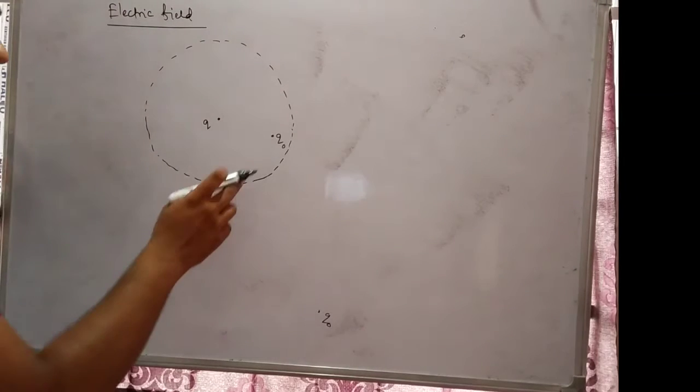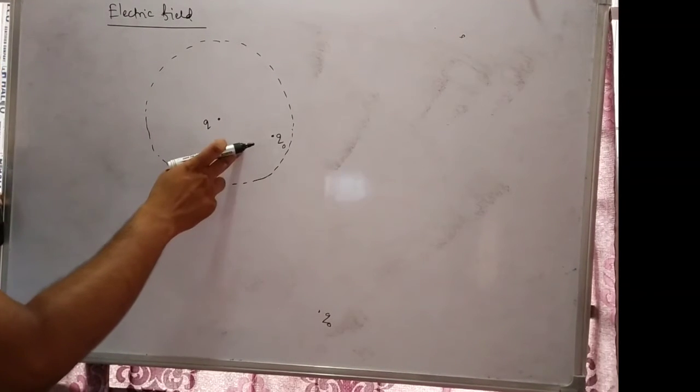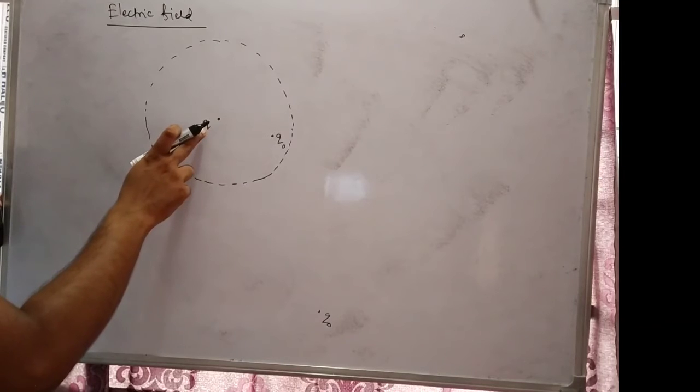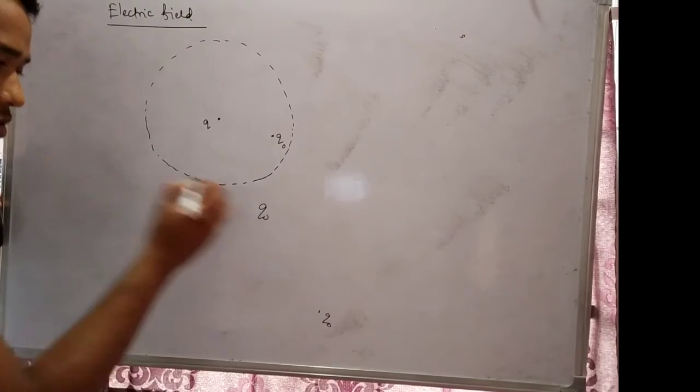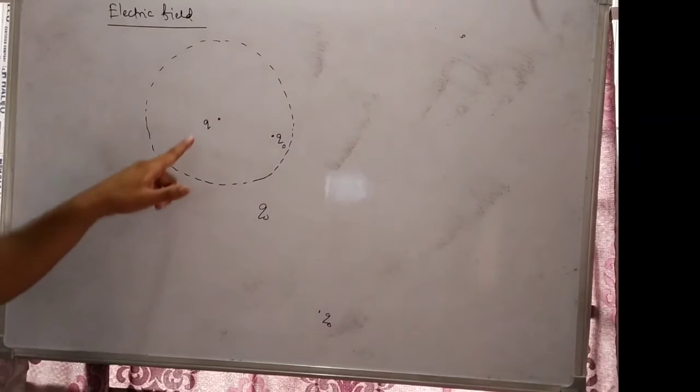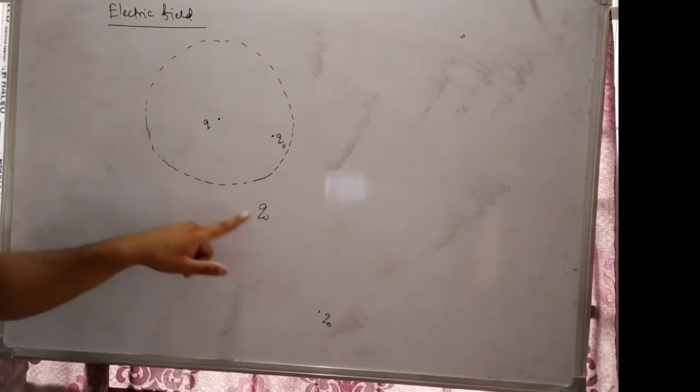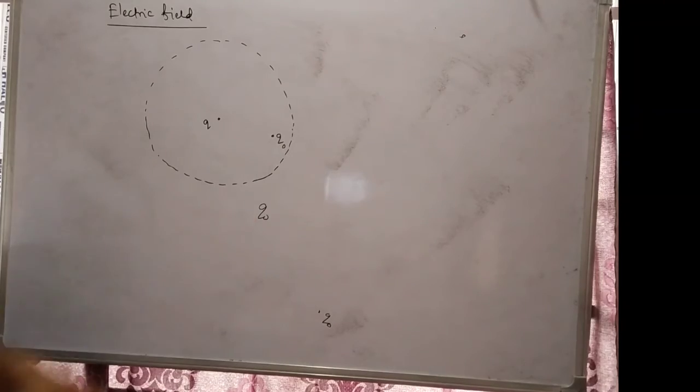If we place any charge Q naught within this region, then only the charge Q will apply a force on Q naught. If we place it outside the electric field, then this Q will not be able to apply force on Q naught.